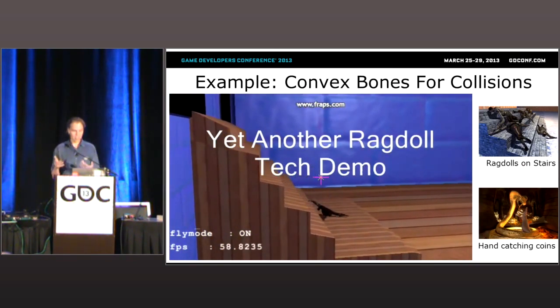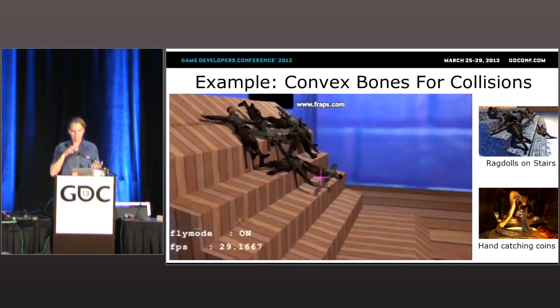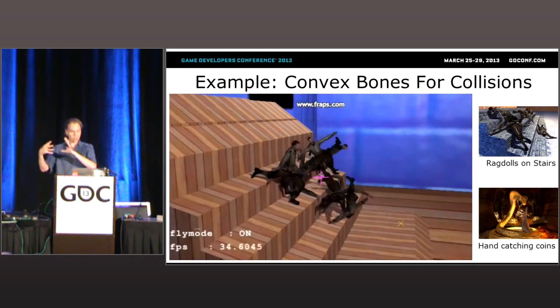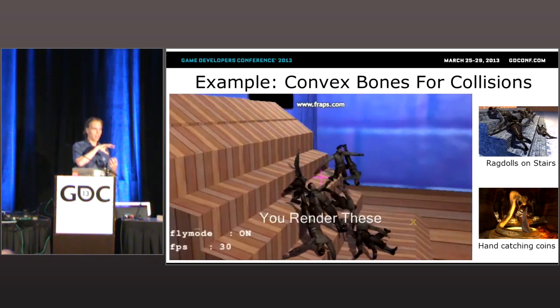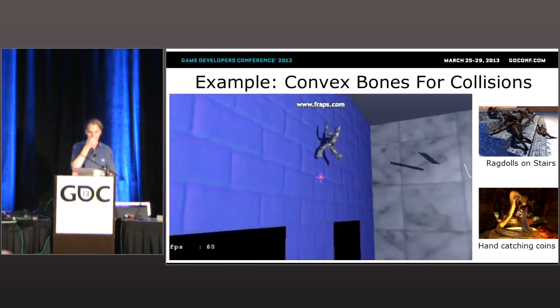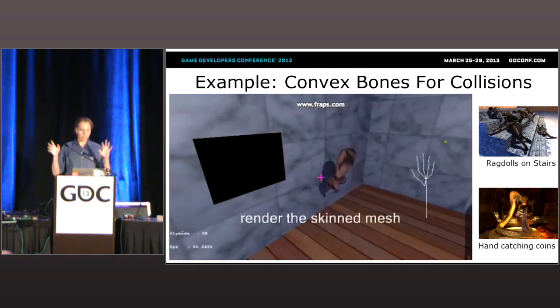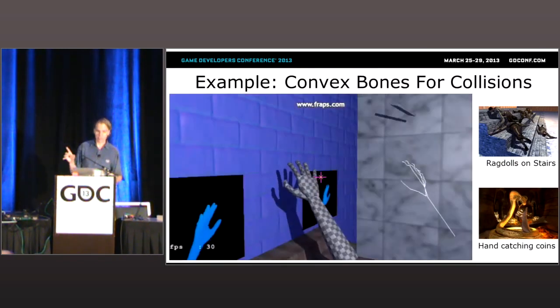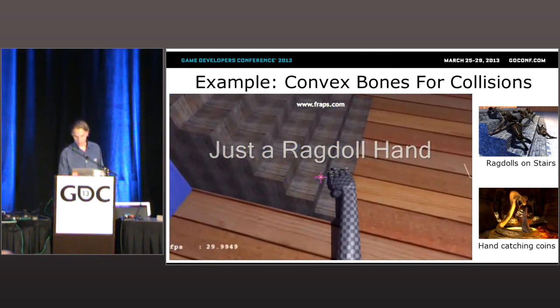Here, that's the skin mesh that we're drawing and showing. But instead of the actual skin mesh doing the interaction, it's really the underlying bones that are doing all the collision detection and interacting in the scene. That would be the way to do it, and not just characters, like full body, but other types of objects as well. You would do the same sort of thing. And there's our ragdoll hand, for example.